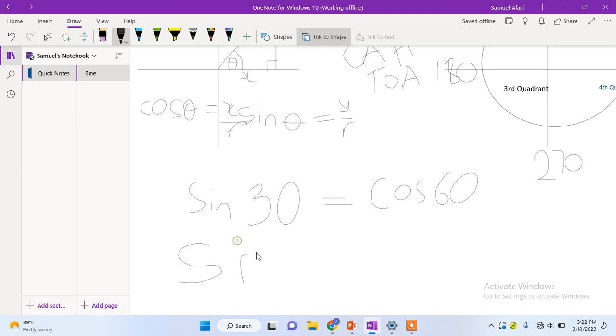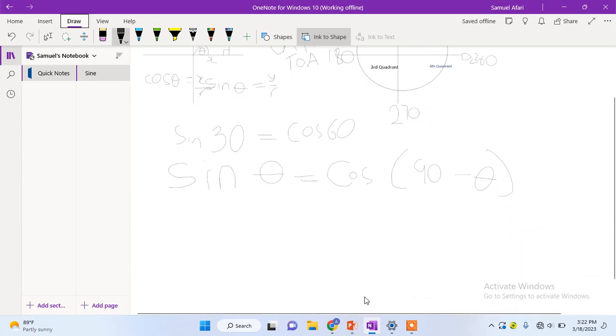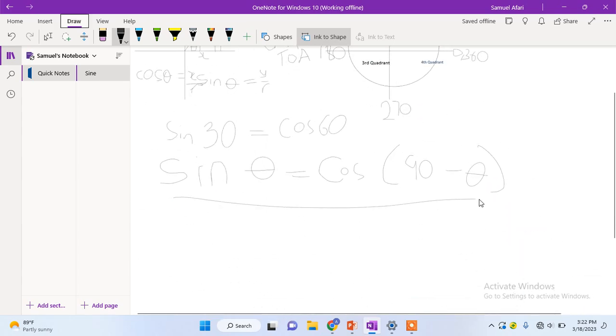So this is the relationship actually. Sine theta is equal to cos 90 minus theta. Let's think about this well and see. We are saying that sine theta is equal to cos 90 minus theta.